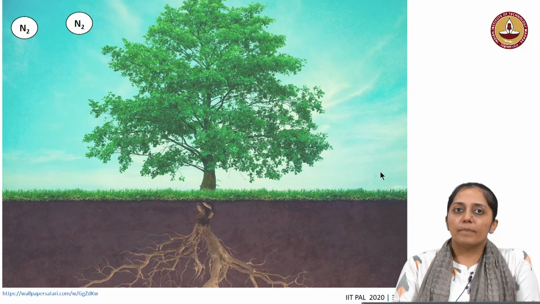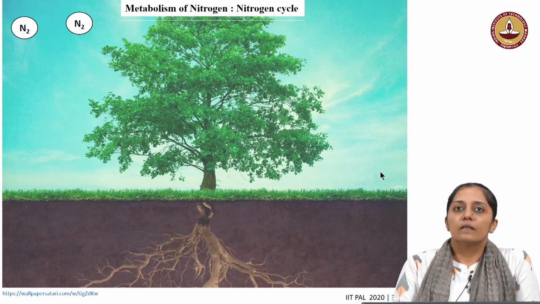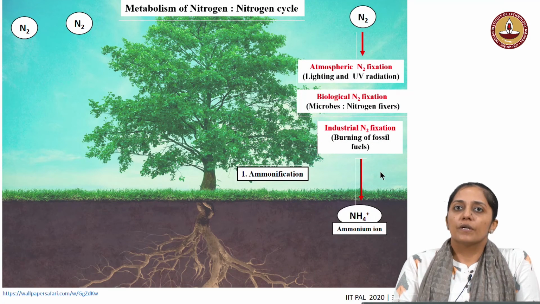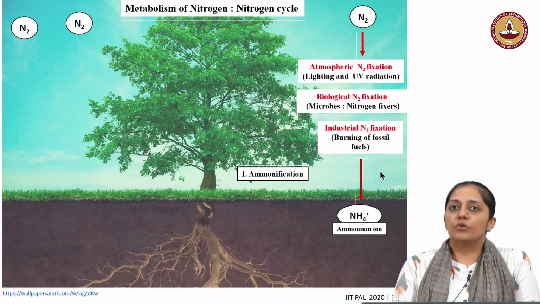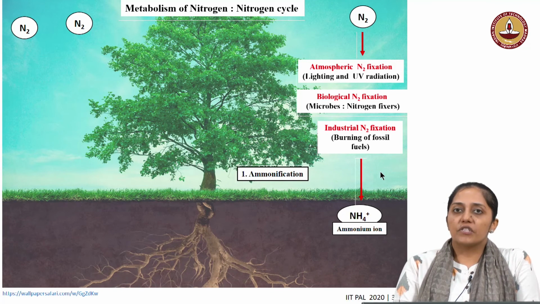So, how does that happen? This happens through the nitrogen cycle, in which the atmospheric nitrogen fixation happens either through lightning or UV radiation.